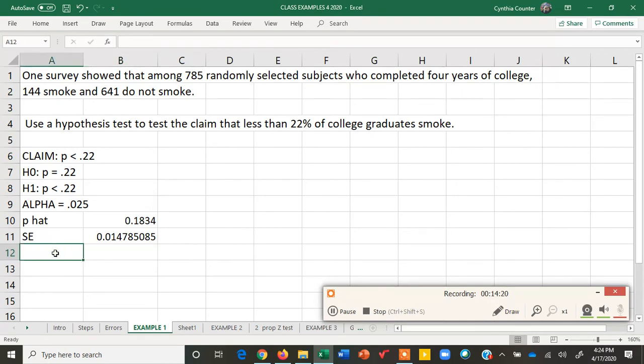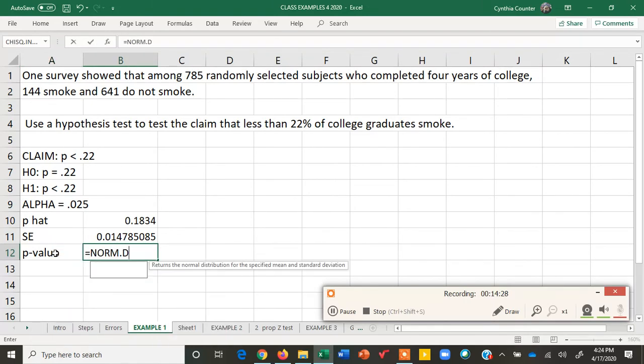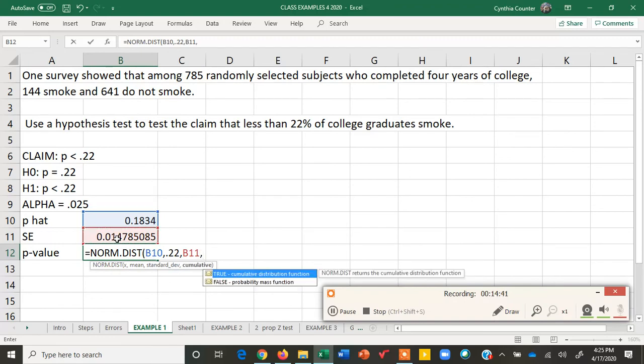So our p-value will be different. The p-value is norm.dist, p hat, comma, the 0.22, comma, the standard error, comma, true.